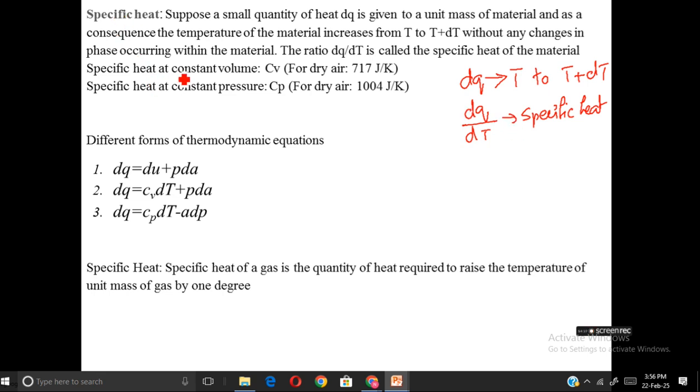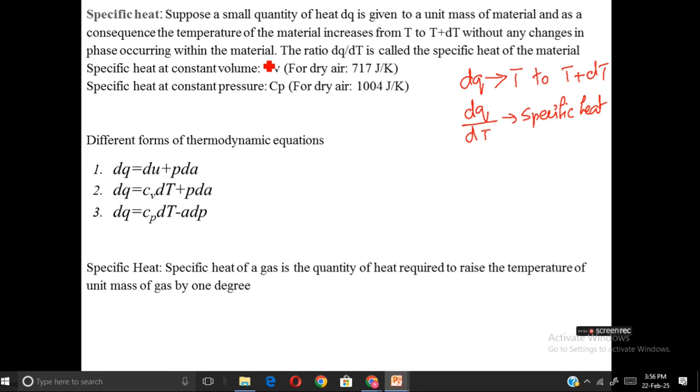So specific heat can occur at constant volume and constant pressure also. Suppose when we are supplying the heat, there is no change in the volume occurring to the system. Then in that case, the heat supplied is known as the specific heat at constant volume, which in case of dry air has a value of 716 joule per kilogram Kelvin. And suppose we are supplying the heat at constant pressure, which means the pressure of the system is not changing.